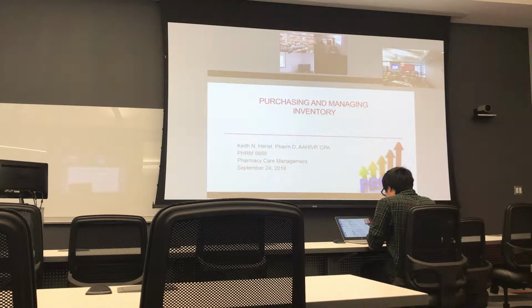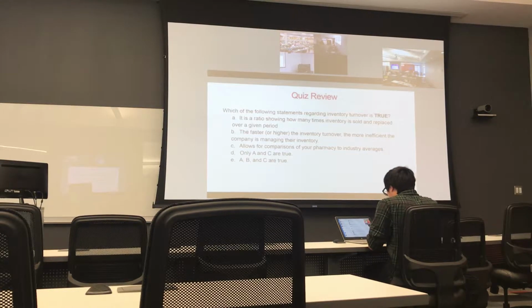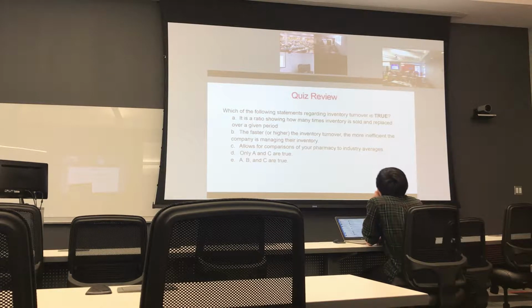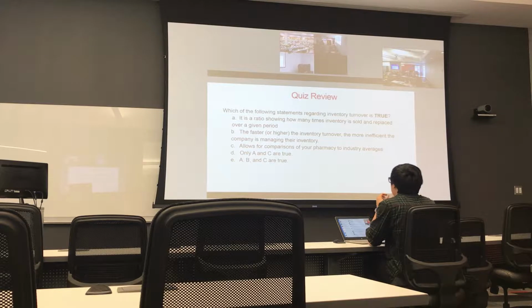So, just if I gave this question on the quiz, which of the following statements regarding inventory turnover is true? A: It's a ratio of how many times the inventory is sold and replaced over a given period. B: The higher or faster the inventory turnover, the more inefficient the company is in managing your inventory.